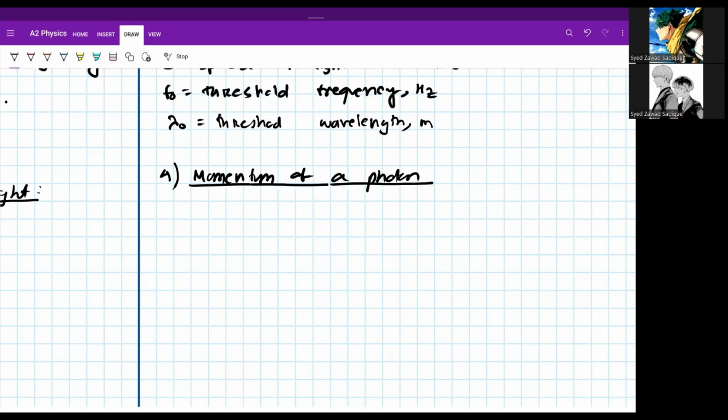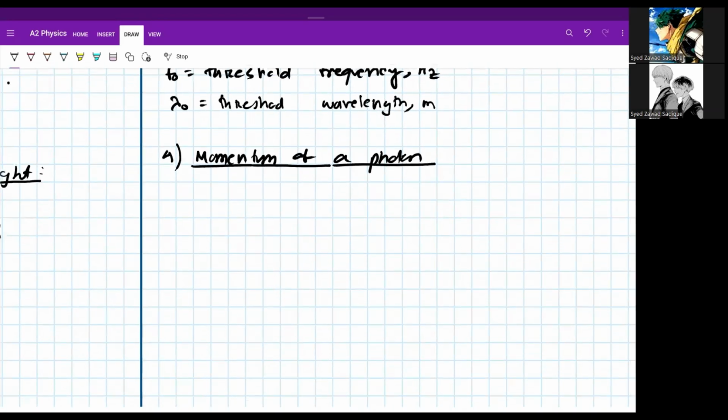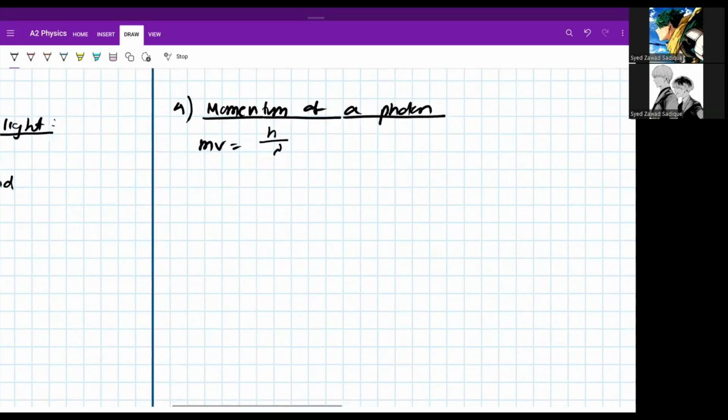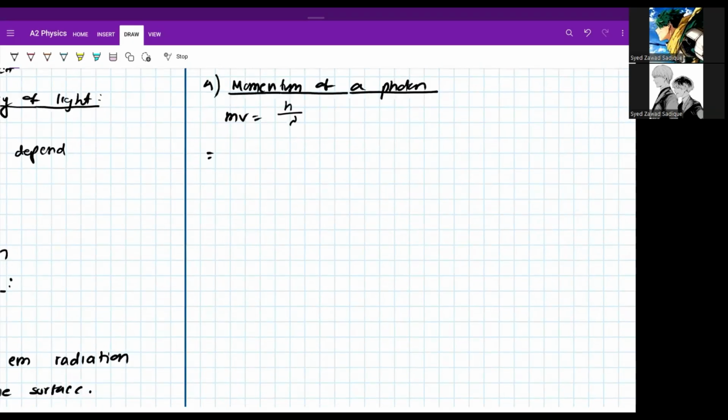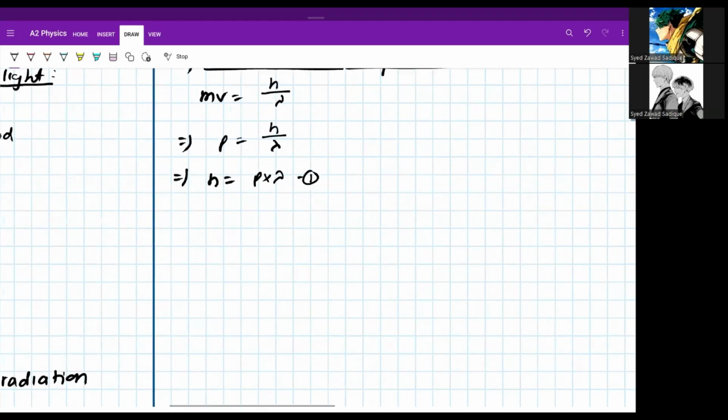So, momentum, we know mv is equal to h by lambda, so h is equal to p into lambda. This is equation 1.